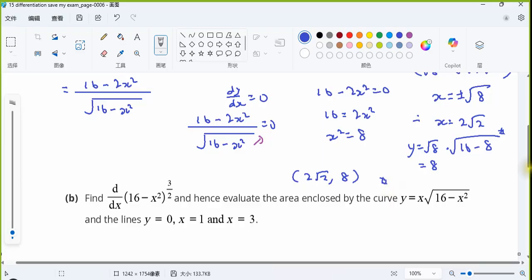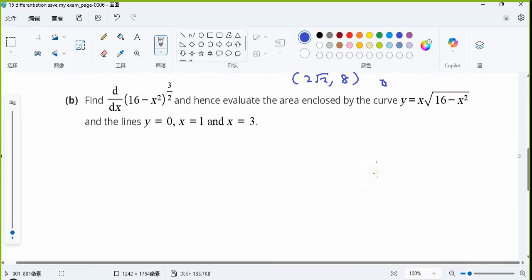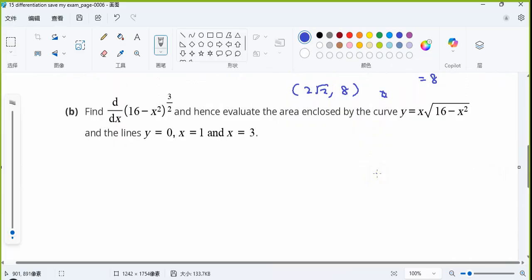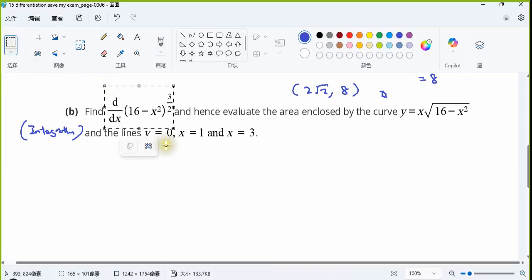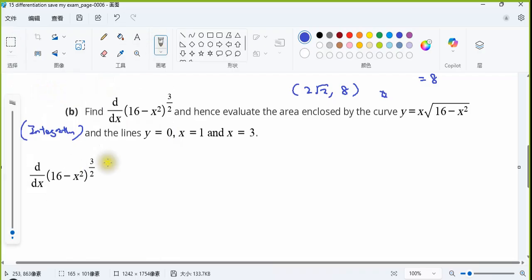Okay. Then find the first derivative of this and then evaluate the area enclosed by this. Okay, this one is actually integration, not differentiation. So the first derivative of this one will be 3 over 2, 16 minus x squared to the power 1 over 2, times negative 2x.